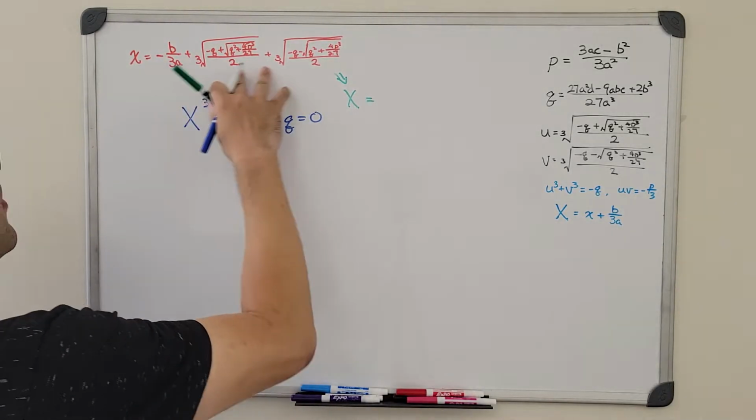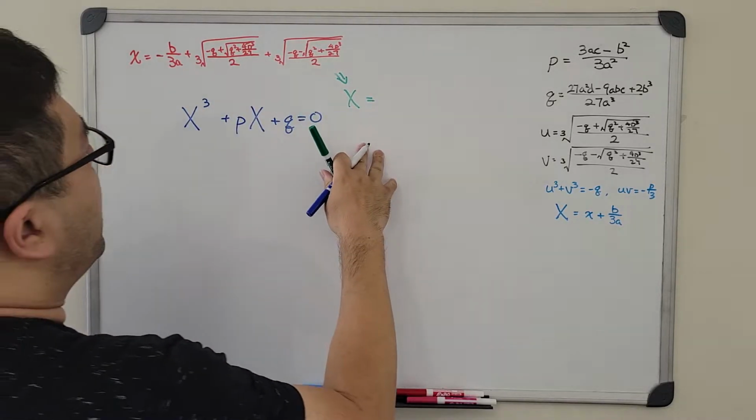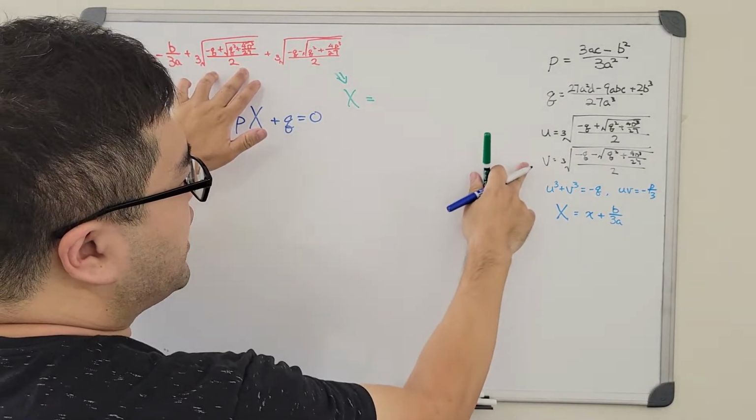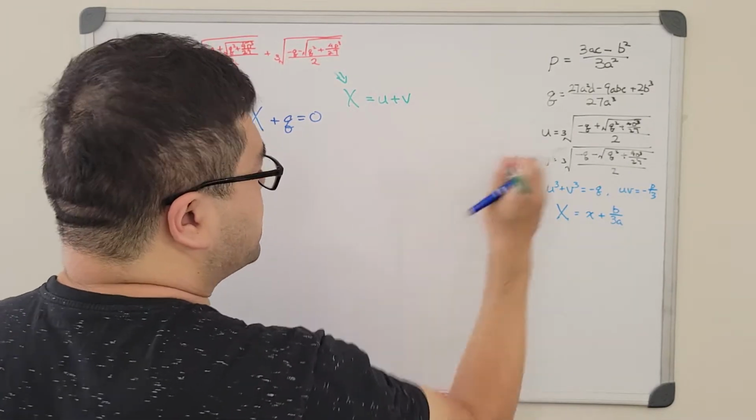And again, we get u and v respectively by our substitution here.